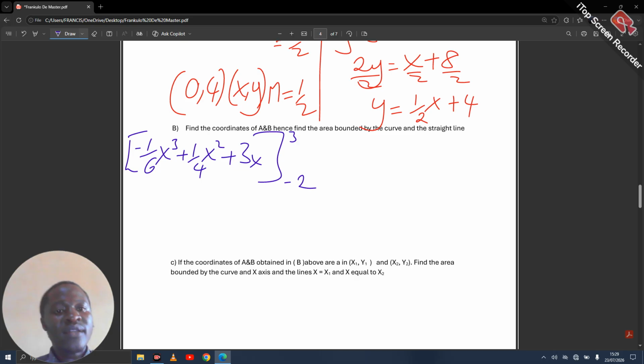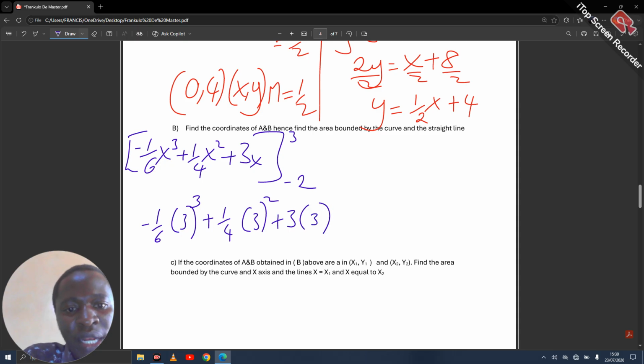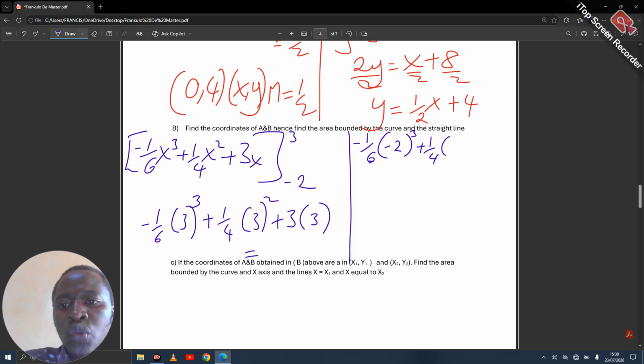Now, after having this, substitute. So we are having negative 1 over 6 times 3 cubed, plus 1 over 4 times 3 squared, plus 3 times 3. Get the answer for that. And for the other, negative 1 over 6 times negative 2 cubed, plus 1 over 4 times negative 2 squared, plus 3 times negative 2.